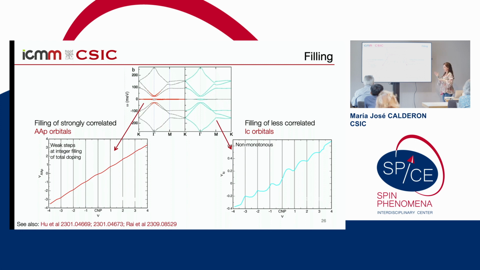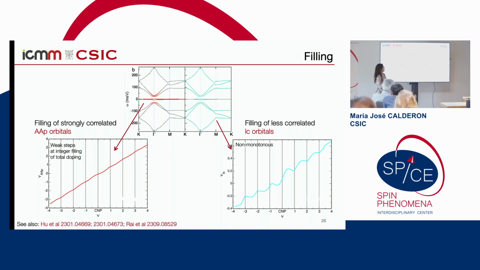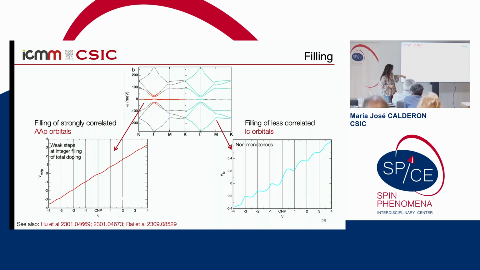So what is happening here that is different from the simple case of only having one band? Here we have two kinds of orbitals. We said that we have these AAP orbitals that dominate at the flat bands, and they are strongly correlated. And we see that when we change the total filling, the filling of these AAP bands is increasing, but there are not really things happening at integer fillings.